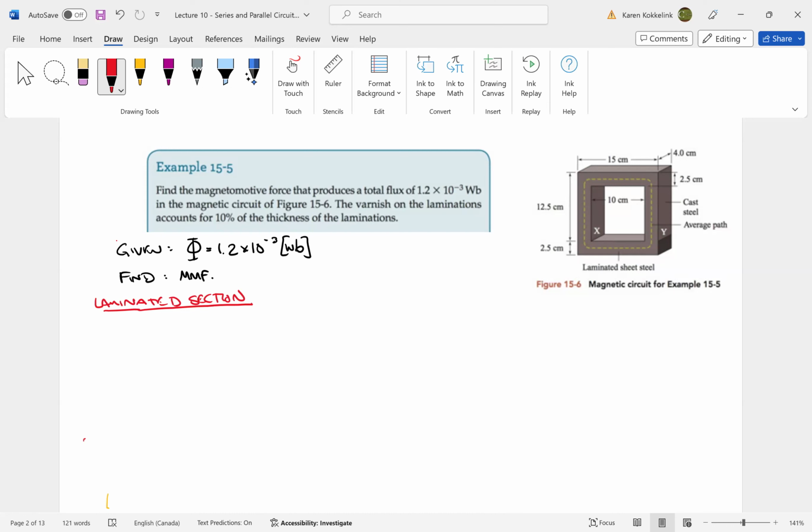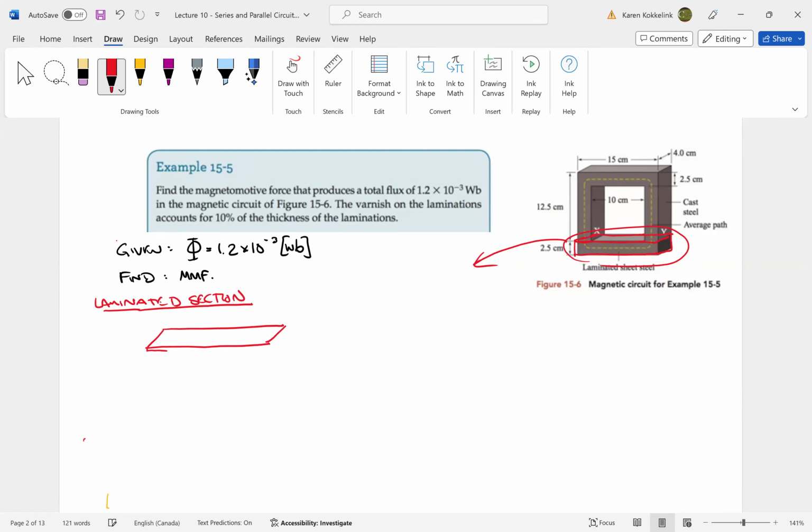So this laminated section is sitting in here. And if I were to take this laminated section and draw it over here, it would look like this.